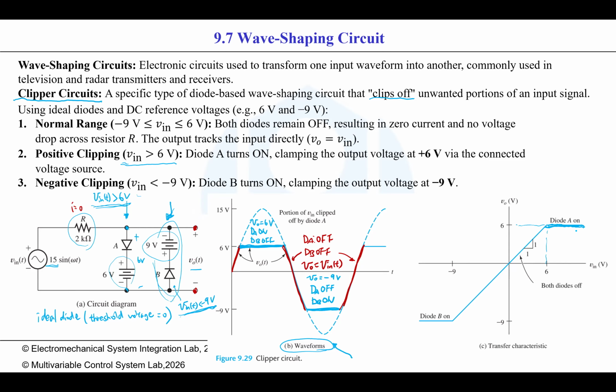If the input voltage is smaller than minus 9, the output voltage will be fixed at minus 9. And in between, both diodes are off, so the slope is 1. We have VO(t) equals V in(t).